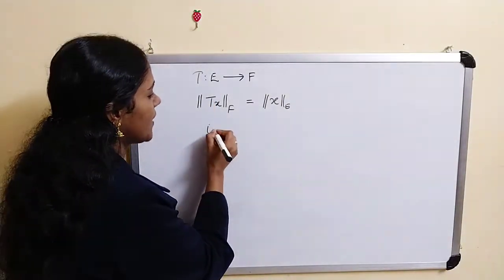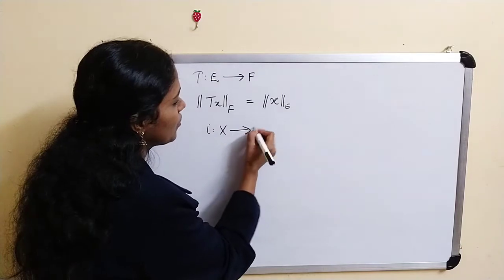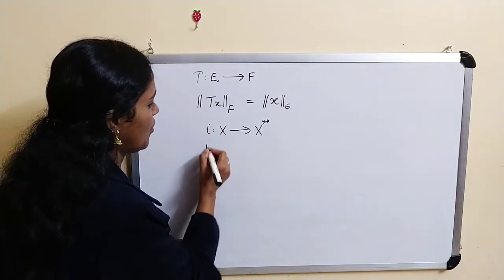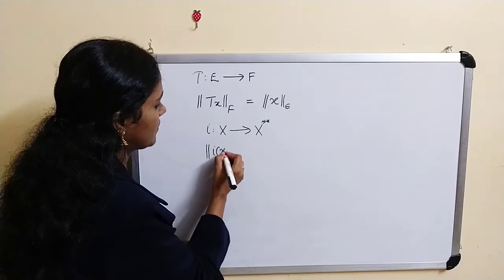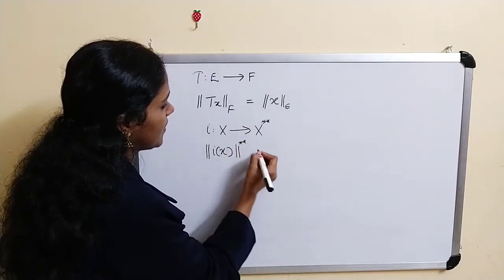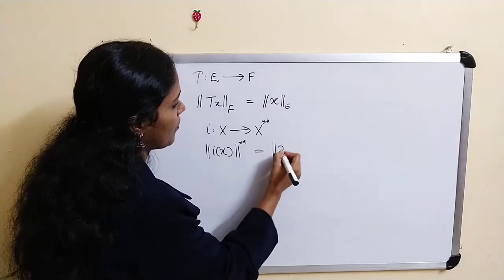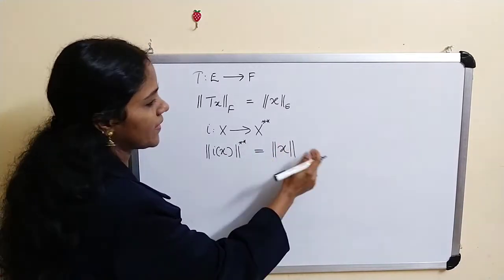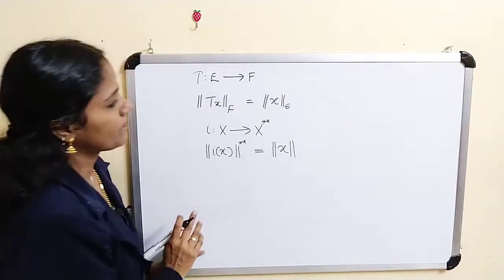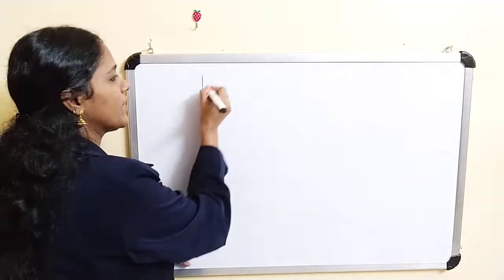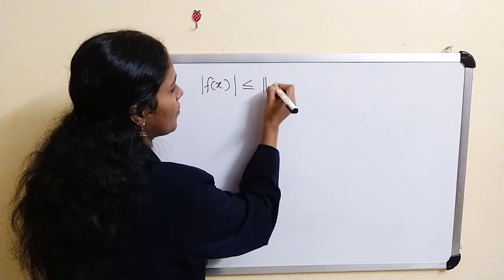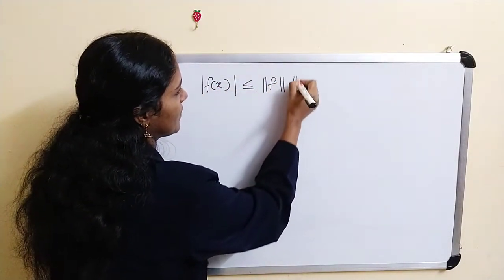So our map I is a map from x to x double star. So we have to prove the norm of I of x under x double star is equal to norm of x under x. Okay. So we have mod f of x is less than or equal to norm of f into norm of x.